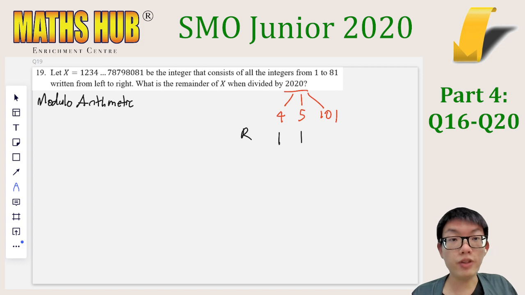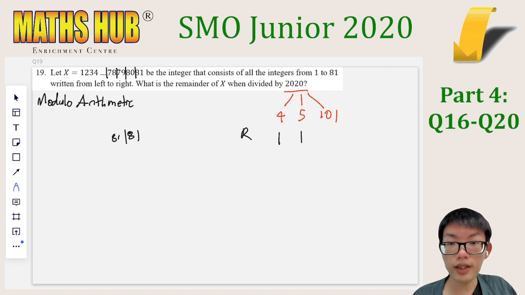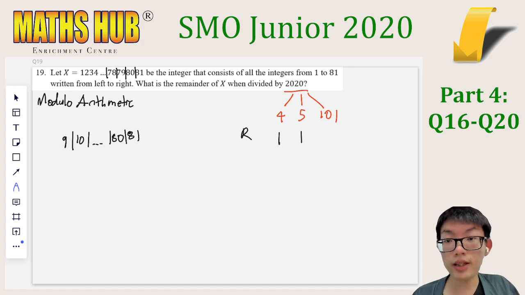Now, how I'm going to do this is I'm going to split it up into blocks of 2 digits. So it's going to look like 81 and then 80, a lot of 2-digit numbers until 10, and then 9, 8, 7, 6, 5, 4, 3, 2, and then 1 at the front.